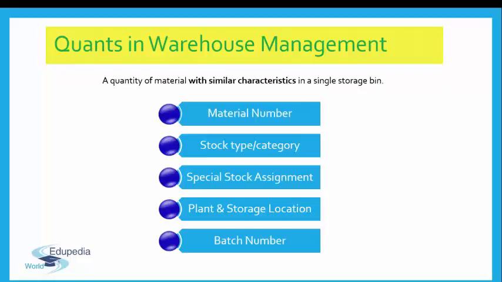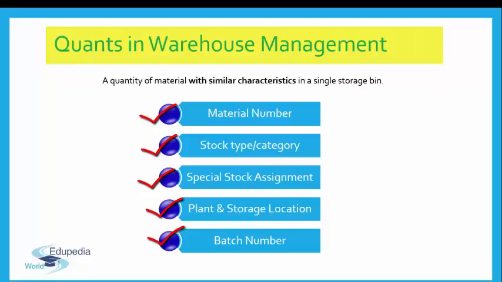And these criteria, as shown in the slide, this is the full set of characteristics. The system is going to take into account the material number, the stock type or stock category, the special stock assignment, the plant and storage location where this is relevant, and also the batch number.